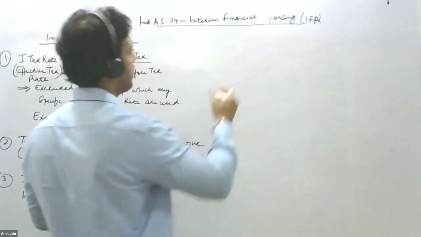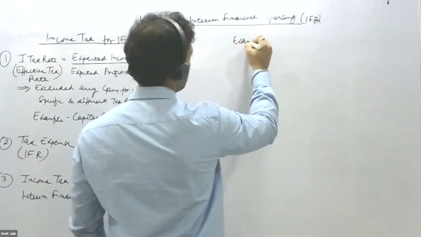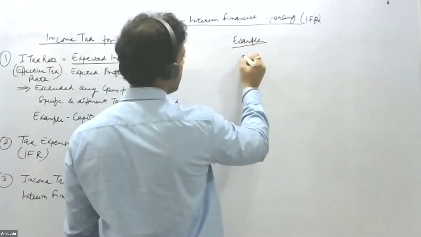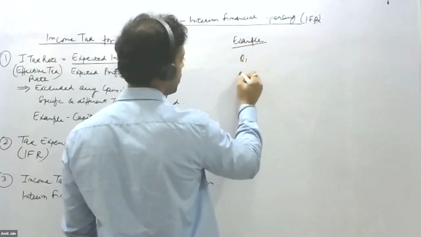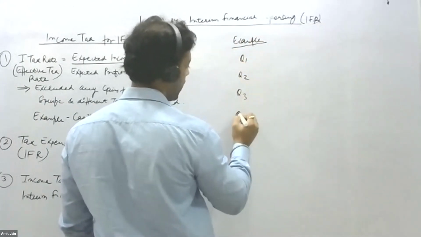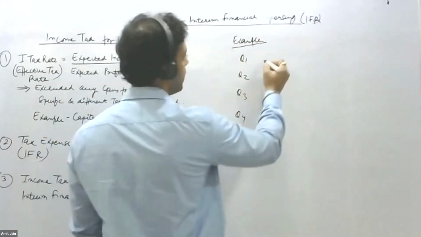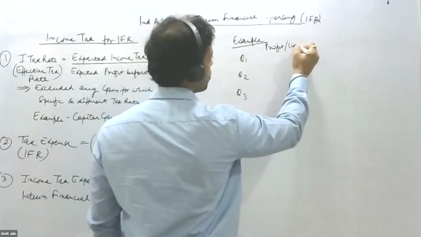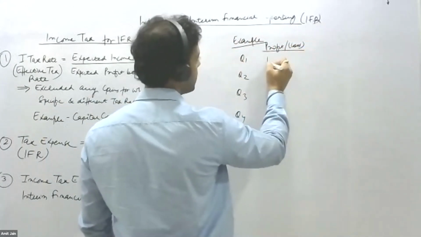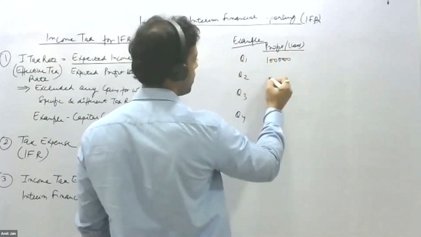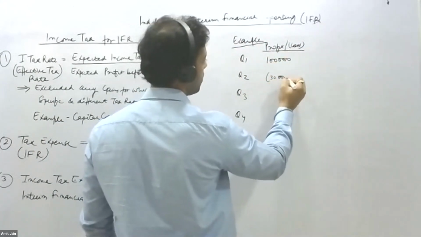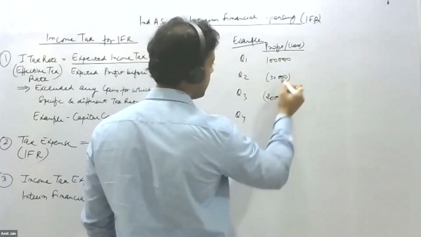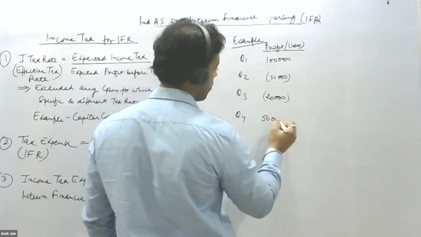Okay, example. Let's say these are the quarters Q1, Q2, Q3, and Q4. This is the profit or loss. Let's say this is a profit of 1 lakh rupees, this is a loss of 30,000, 20,000 loss, and this is 50,000 loss.